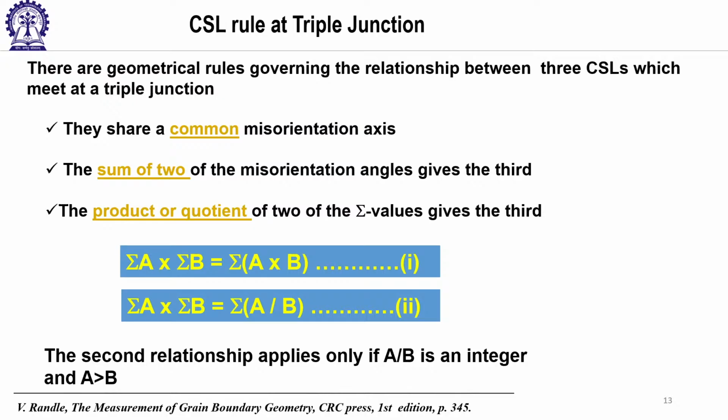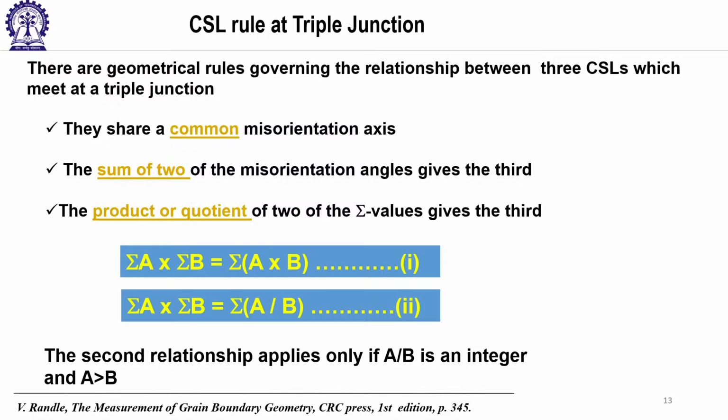These CSL boundaries show a special behavior, which comes from the crystallographic geometry. It is purely geometrical. They share a common misorientation axis, the sum of two misorientation angles gives the third, and the product or quotient of two sigma values gives the third.